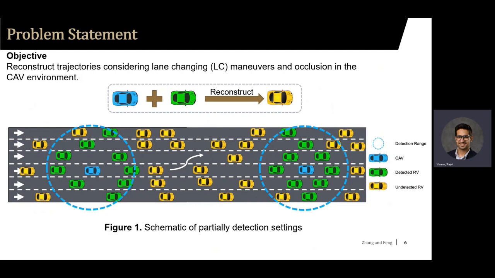Okay, so we use this after we collect the trajectory data. Otherwise, we cannot reconstruct it using all of the observations. Yes. In this mixed traffic, as we can see, the CV penetration rate is really low. In our real world at this current stage, the CV penetration rate is very low.